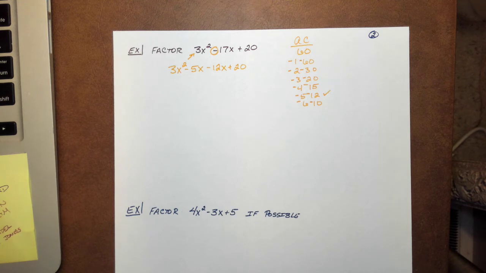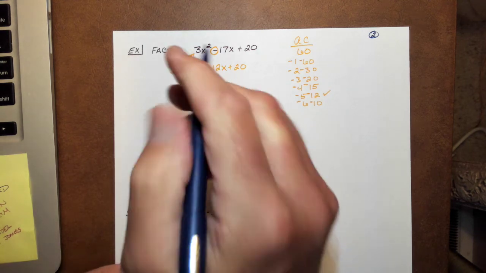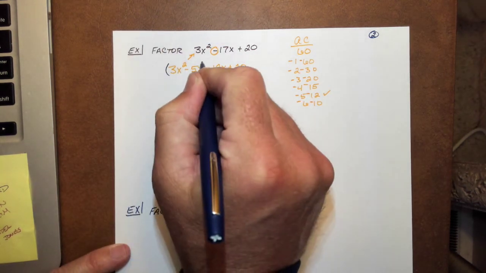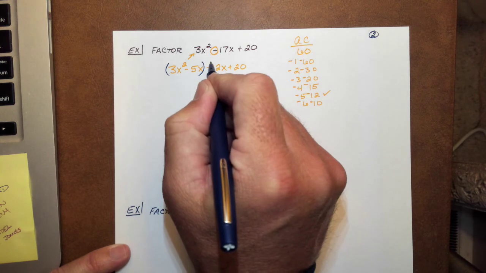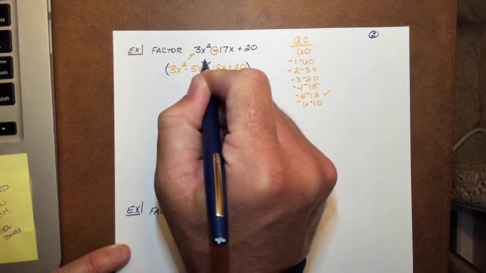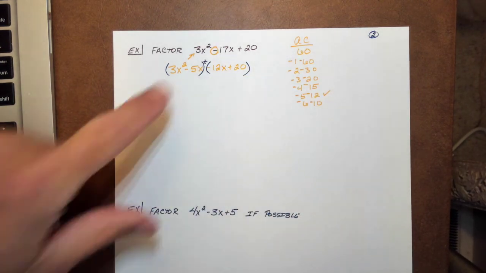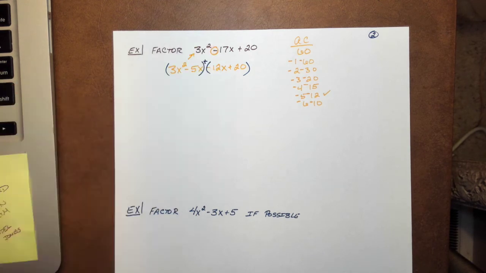Remember, as we're doing problems like this, when we group, which is what we're trying to do, I want a plus sign in between my quantities. So there, I want that negative to go with the 12. So I do this: add the opposite, same thing as subtracting. I like to do that because now I've got my signs where I want them and I don't have to worry about changing anything in the end.